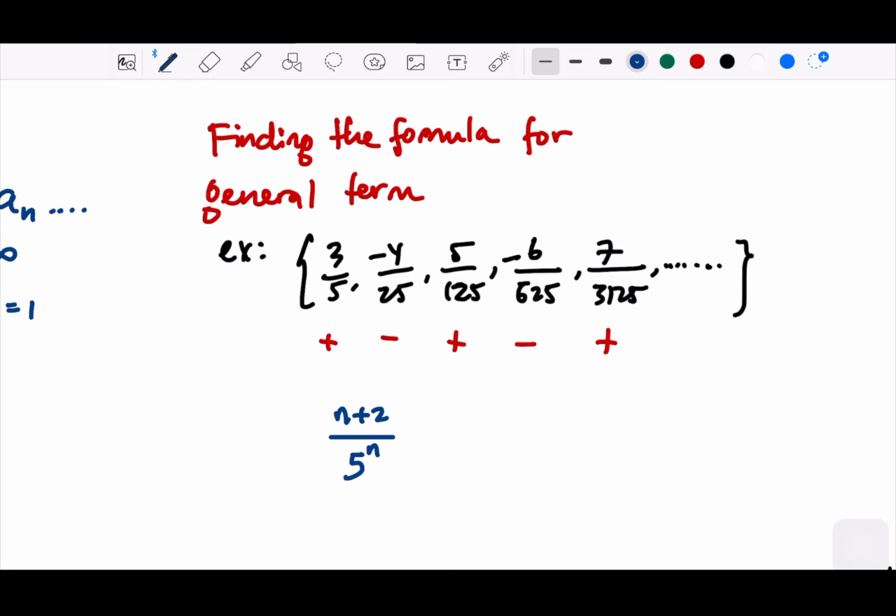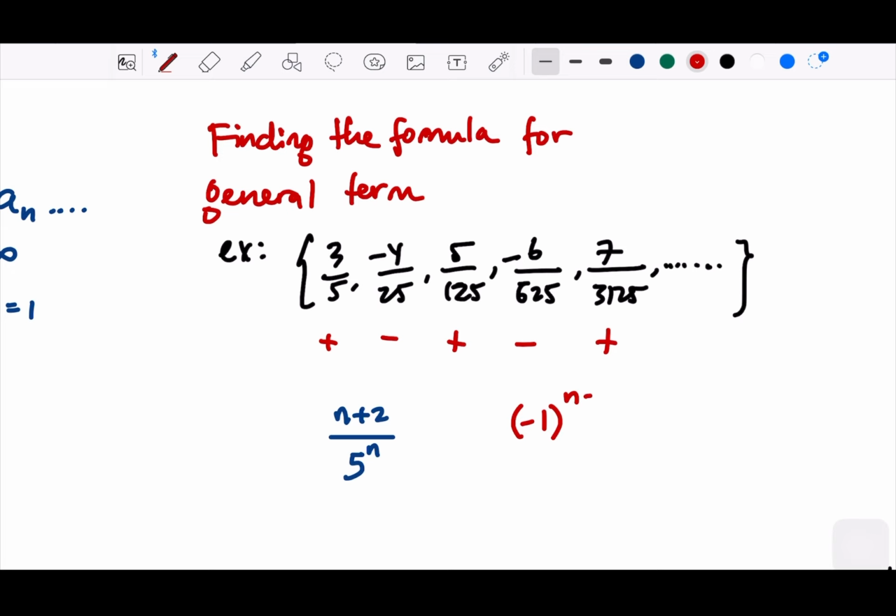with the numbers. Okay. And then to make the negative signs, we could take -1 with power of n. If it starts with n, then it starts with negative. So maybe we could plus 1 or minus 1.